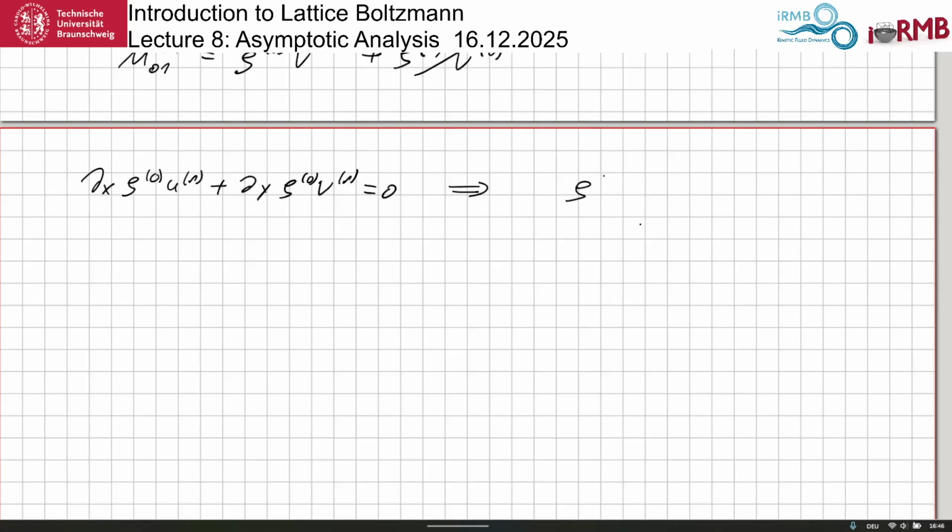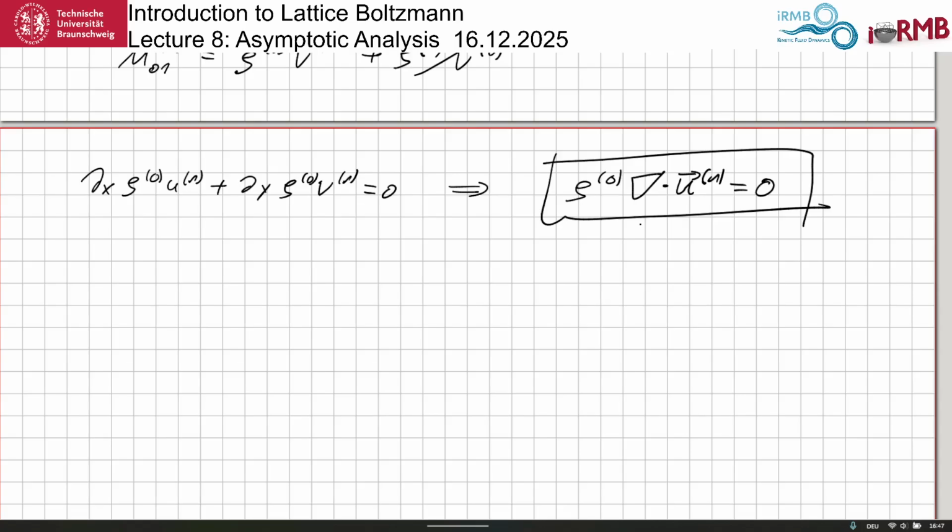So this can be written as rho 0 times the divergence of u at the first order is equal to 0.